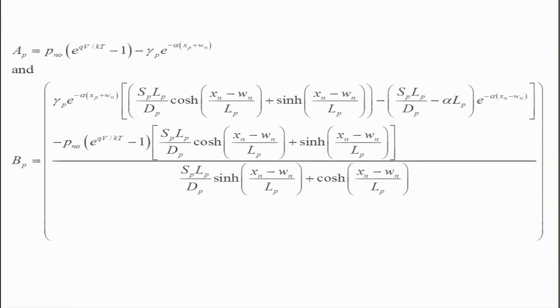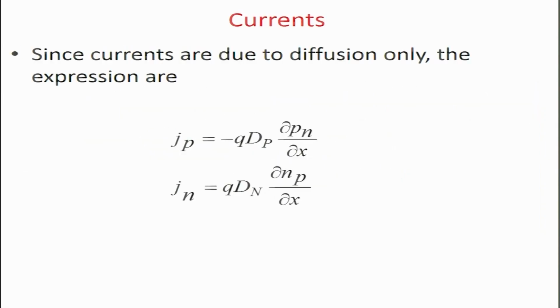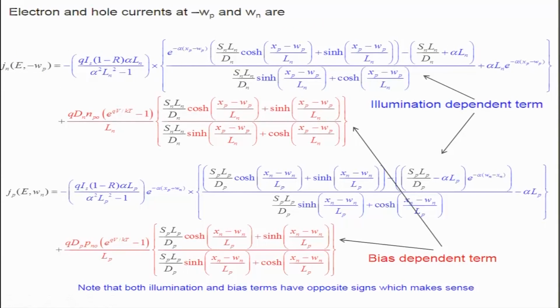So we have An, Bn, Ap, Bp, and we know that the currents are due to diffusion only. So current Jp is equal to minus q Dp del pn by del x, and Jn is equal to q Dn del np by del x. These are partial derivatives. So when you now replace these expressions and calculate the current, you don't have to worry about the complexity of the equation.